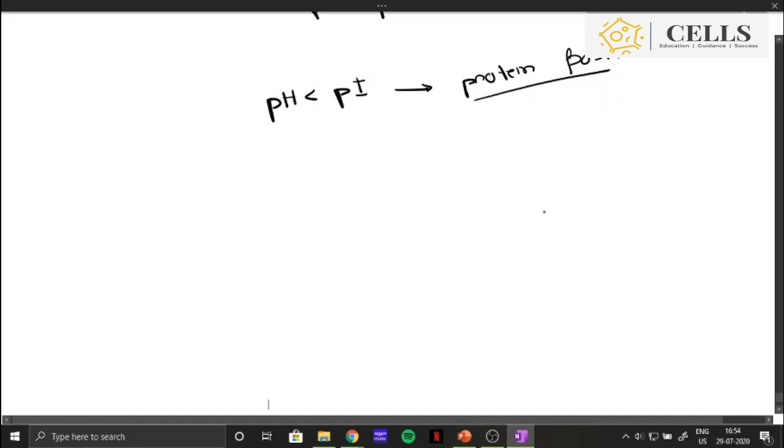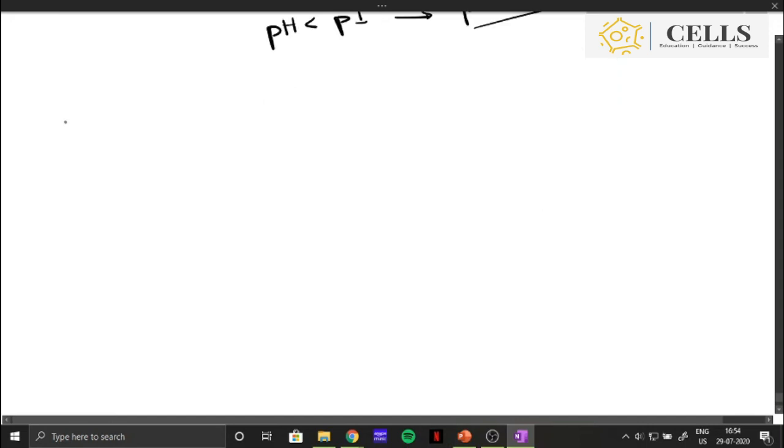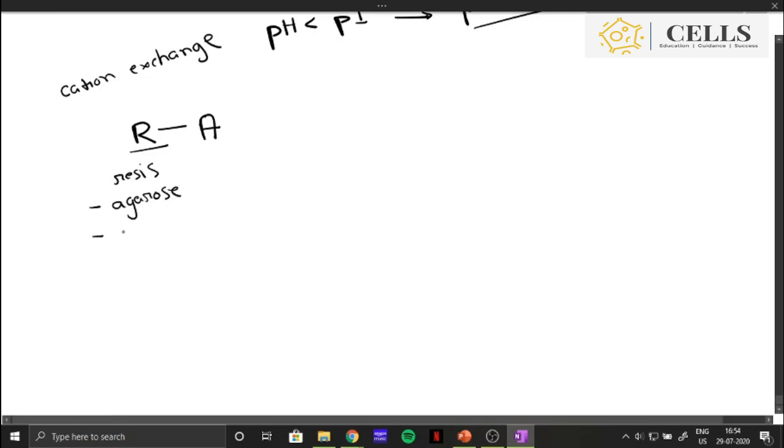Before starting ion exchange chromatography, the main part is, suppose you have a resin. In case of cation exchange chromatography, you have a resin, suppose this resin is agarose. This is the same as in affinity chromatography.